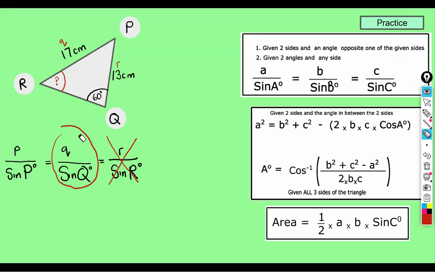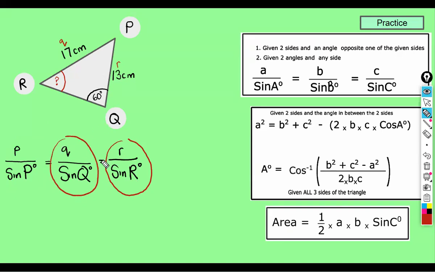Right. Since we're trying to find capital R, which is angle R, well, we have to keep who? The R's. You're finding something with R, you have to keep the R's. They gave us plenty information on the Q's. They give me common Q, they give me capital Q. Well, I'm keeping the Q's.